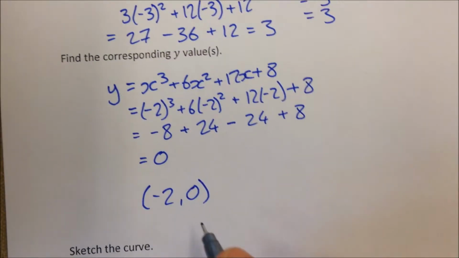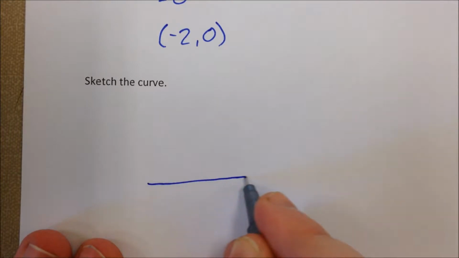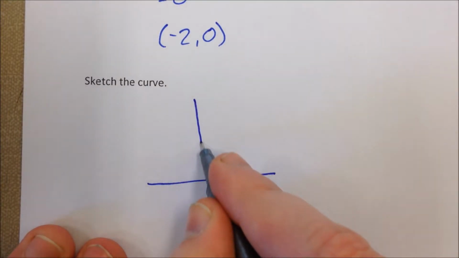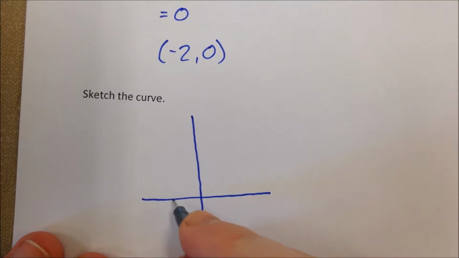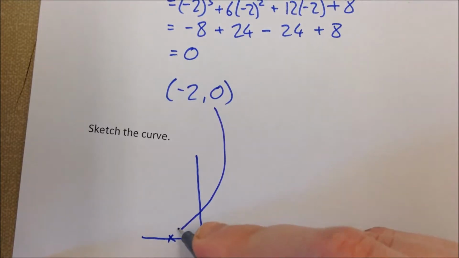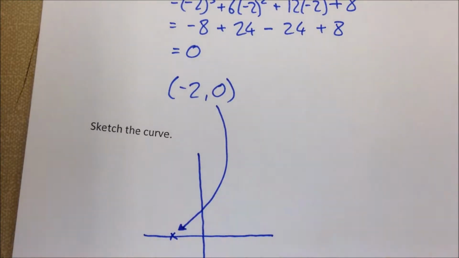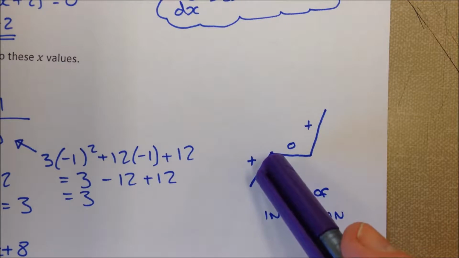Now to sketch the curve we need this point here. Negative 2, 0, so that is going to be like there. You need to label that point. And we want this point of inflection, so we know it's going to go up to that point.